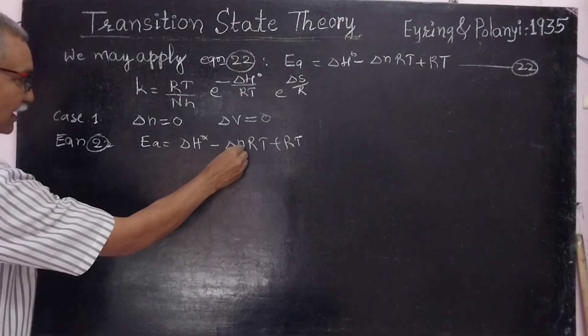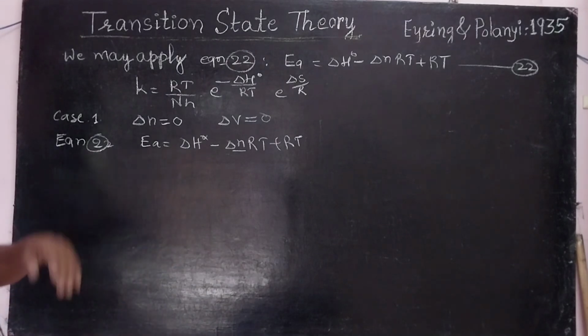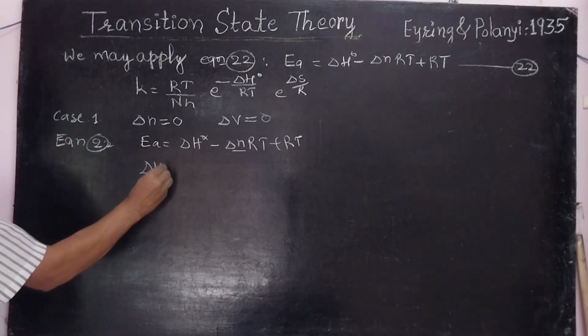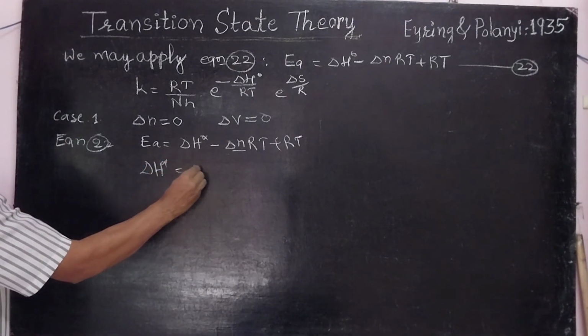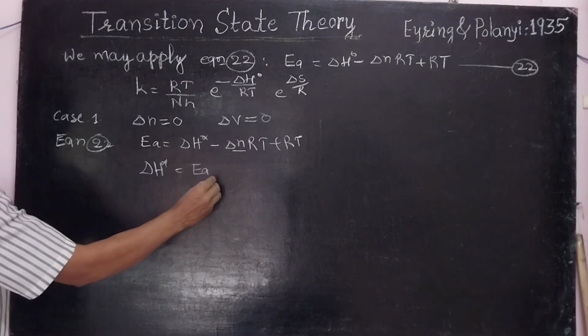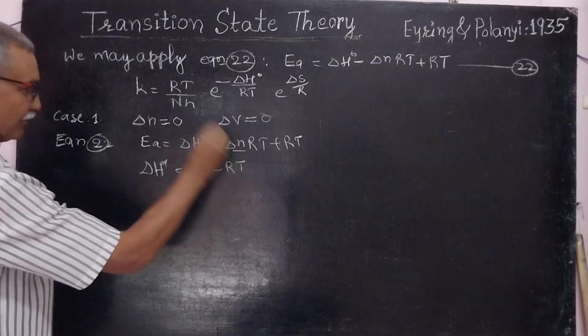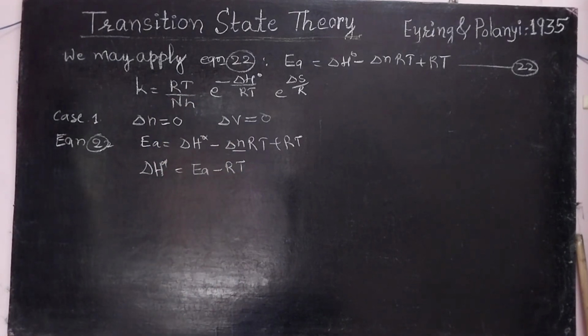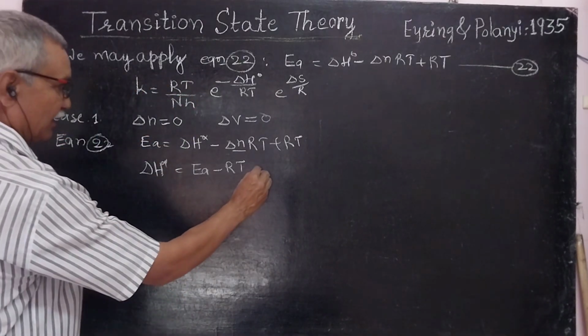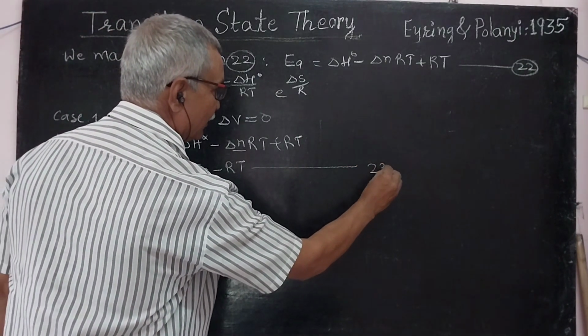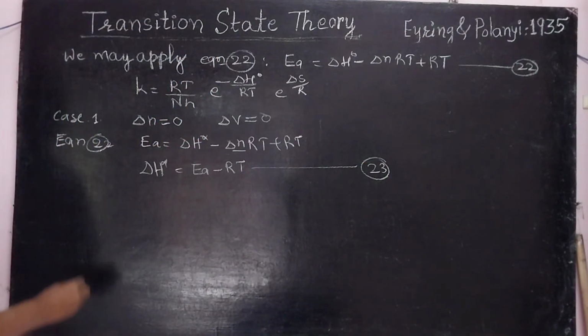When delta N equal to 0, this term gets cancelled. Then you will get delta H star equal to EA minus RT. Suppose this is equation 23.